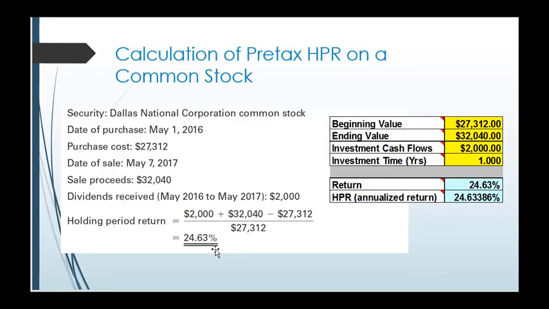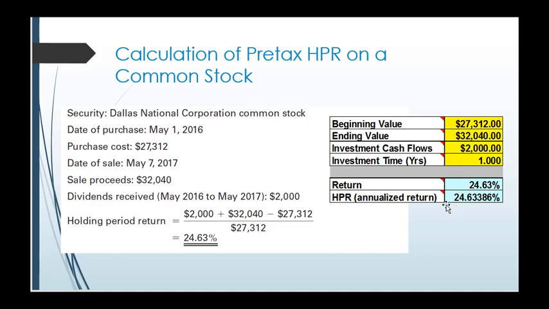So here's a quick little pre-tax holding period return, right? So we purchased for 27,312. We sold it for 32,040, and we received 2,000 in dividends. And of course, when you calculate this return, essentially we've earned 24.63%. But this is a 1-year return.